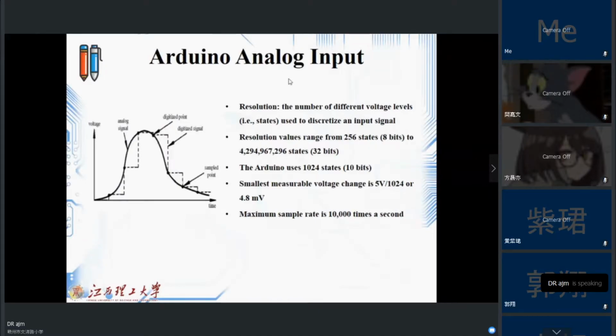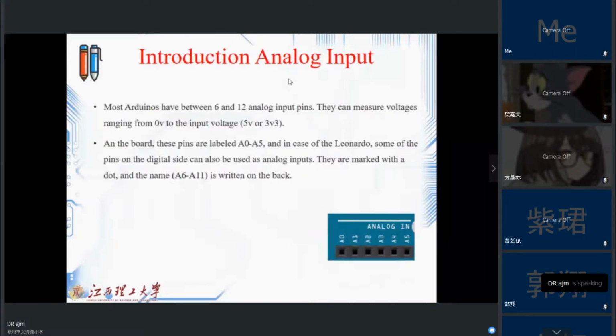Then the maximum sample rate is 10,000 times per second. It's great, but in some applications maybe it will not be used. Anyway, it's a very great advantage that we have in Arduino, and it will help us in various projects.